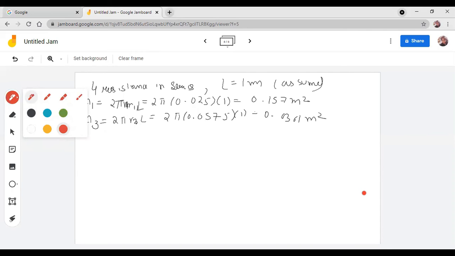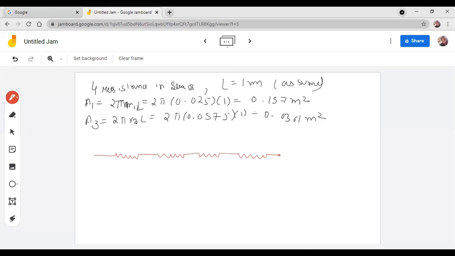So now we'll look at how the schematic diagram of this question looks. The situation is something like this. There are four resistors in series. This is T infinity 2, T infinity 1, Ri, R1, R2, and Ro.